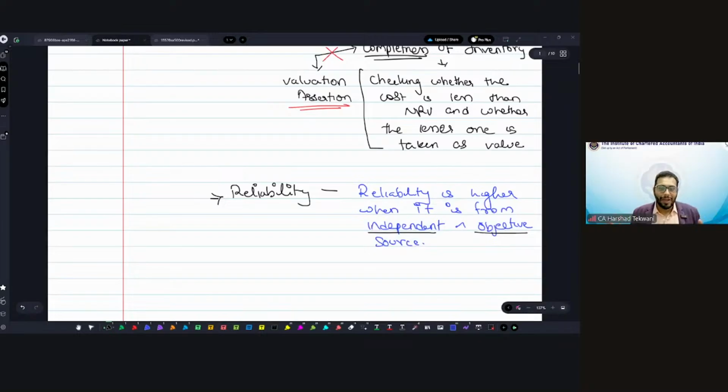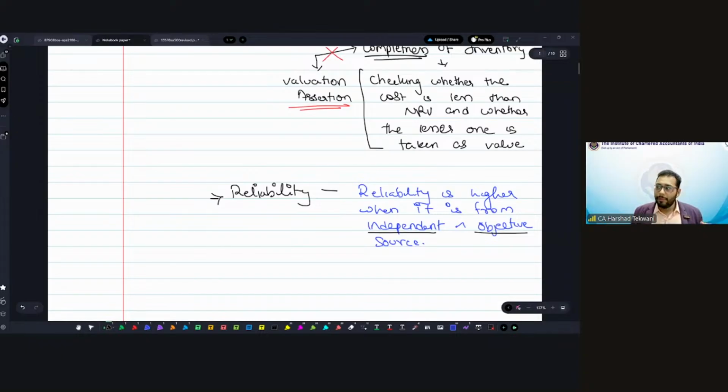They have to be valued separately. It's not like you can value directly at cost or NRV, whichever is less. No, their valuation is taken out in a different way. Sometimes precious gems like stones. Some entities have precious gems or stones as their inventory.